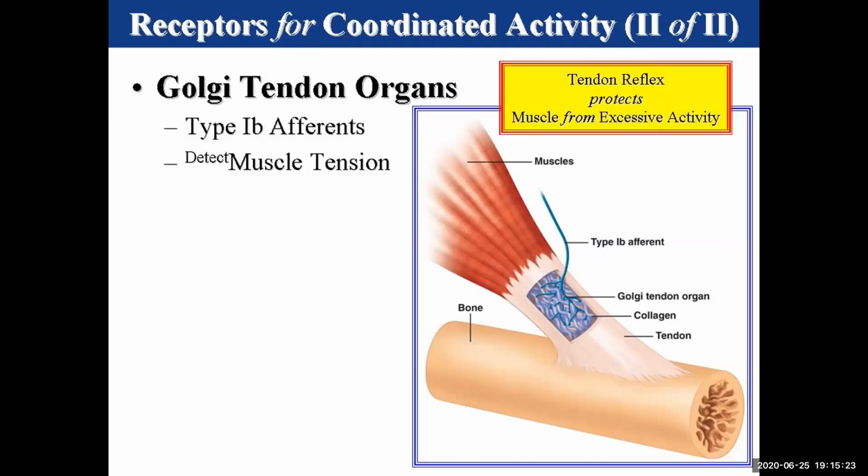The Golgi tendon organs. And this system, the Golgi tendon organs, inhibits a reflex. So as the muscle is stretching out, the reflex is to contract. But under some circumstances, when that muscle is contracting so forcefully or stretched out so forcefully, if you contract, you will tear tissues.